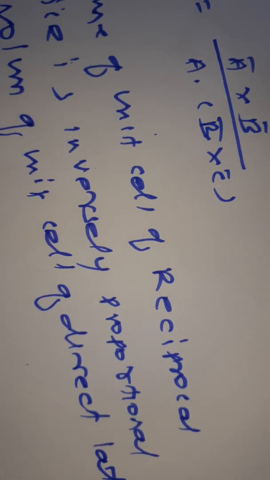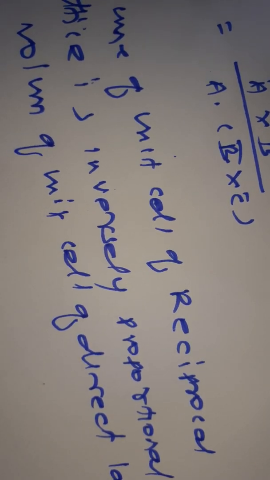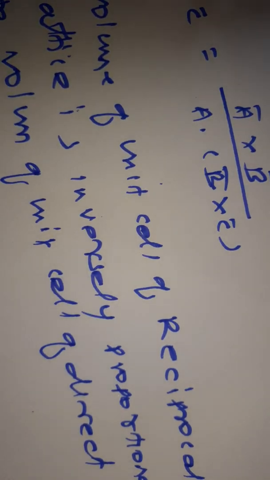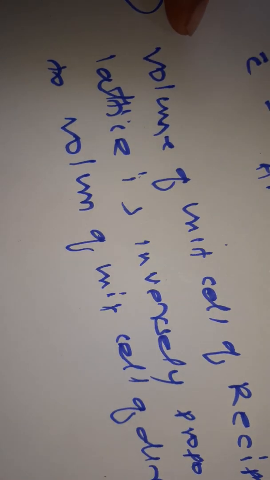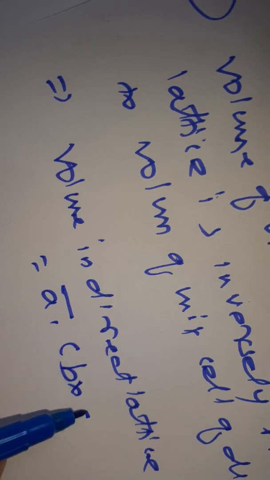So this is a property, meaning the volume of the reciprocal lattice must be inversely proportional to the volume of the unit cell in a direct lattice. So we can prove it. To prove this property, first we consider the volume of the unit cell in a direct lattice, and this is equal to A bar dot B cross C bar.